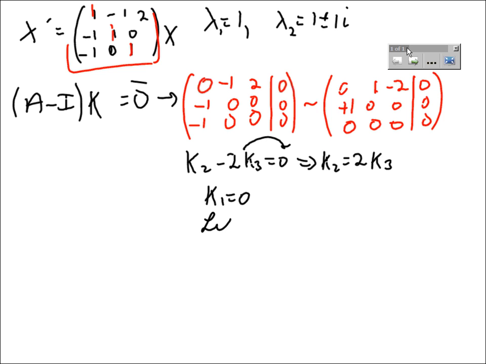Well, how about I just pick some value for K3? Say it's 1. So then K2 will be 2 times 1, or 2.